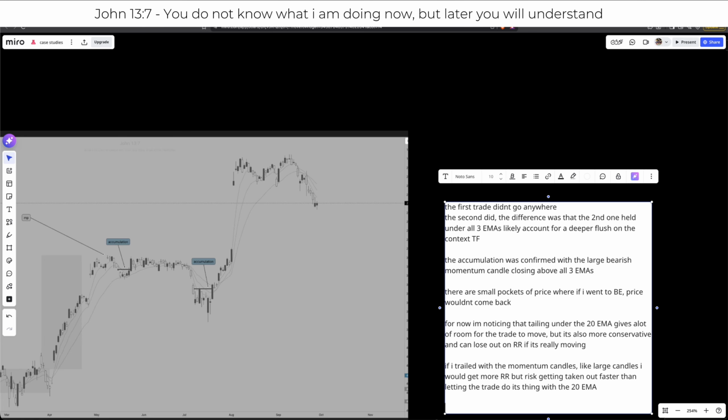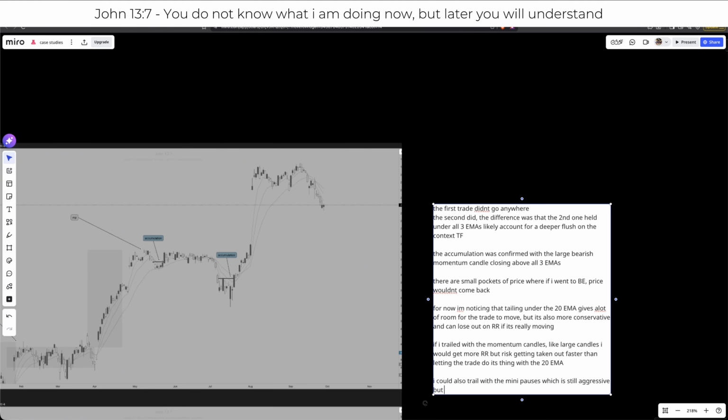I could also trail with the mini pauses, which is still a bit more RR.